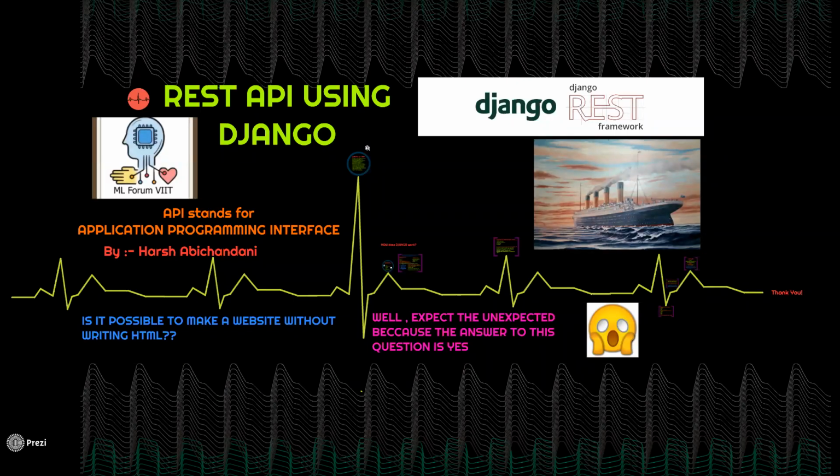So in our previous video, we learned how to mention our applications inside the settings.py of a project in order to link the application to the project. We learned how to link the urls.py of our project to the urls.py of the application, and we created an HTML page, or anything you wanted to render as a view.